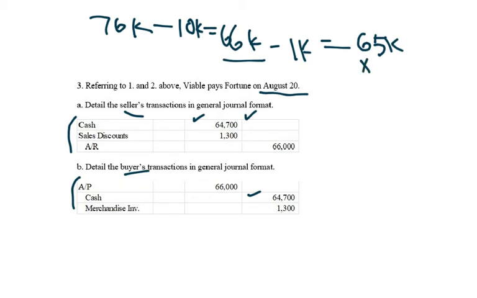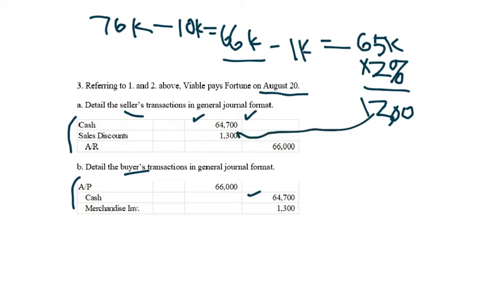Right, so 65K times 2% will get you exactly $1,300. And again, there's our discount right here. Now remember, we're dealing with the seller accounting. We have a special account to deal with sales discounts, so we're going to put that $1,300 there.